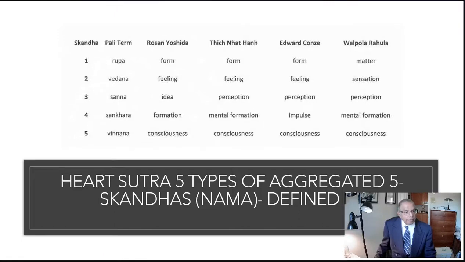Then Buddha says in his Heart Sutra there are five types of aggregates, or for the dependent co-arising, the main five components which give rise to the human self agent. And these aggregates Buddha described in the Heart Sutra as five skandhas, which make the nama component of our existence.